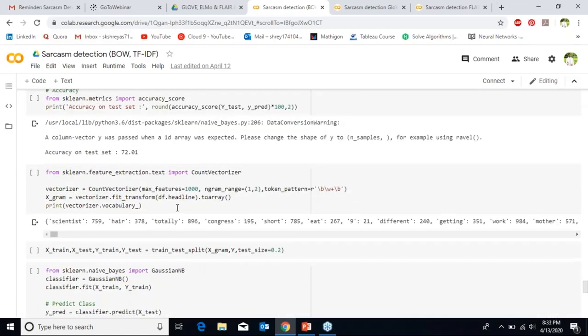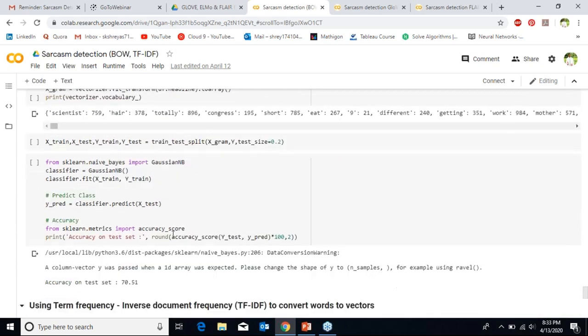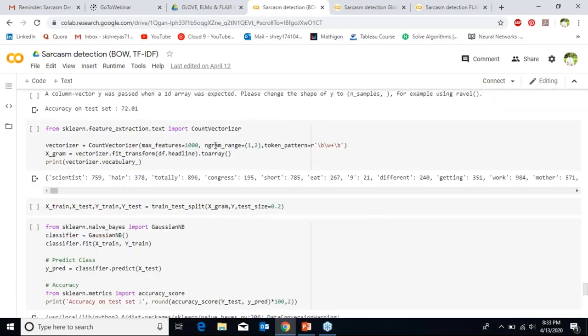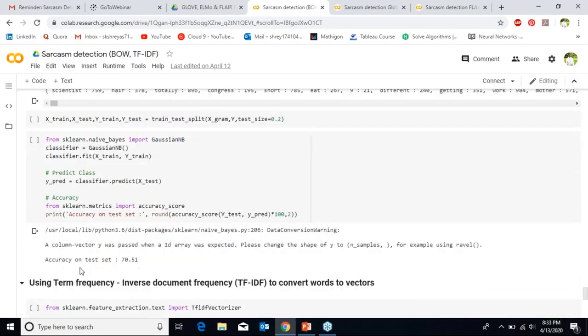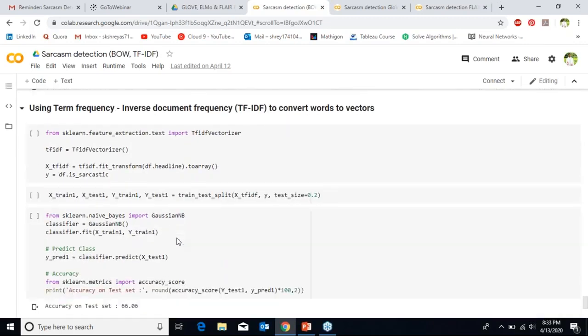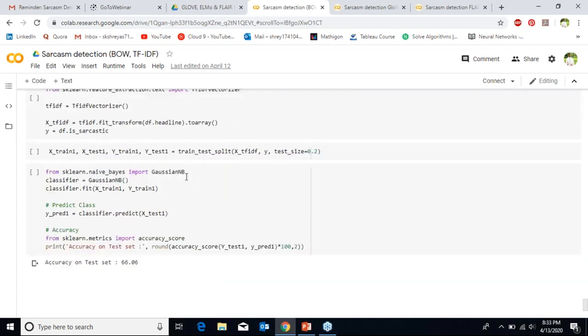The next one I did for bigram, with n-gram range 1, 2, and the accuracy on the test set was 70%. Going to the next statistical model, TF-IDF with Gaussian naive Bayes, the accuracy on the test set is just 66%.